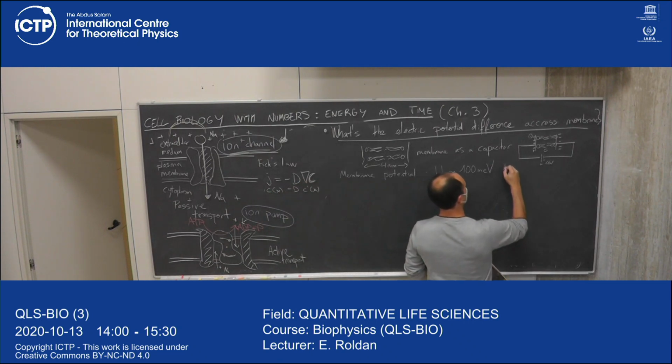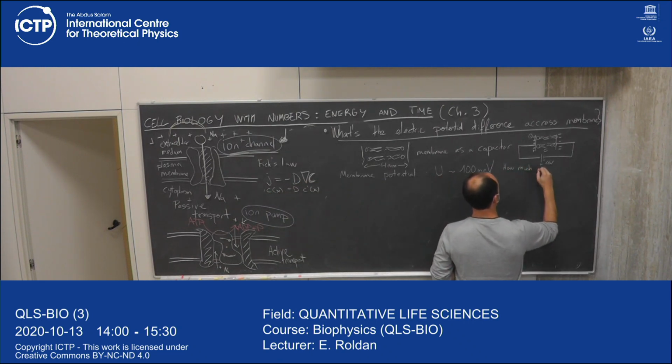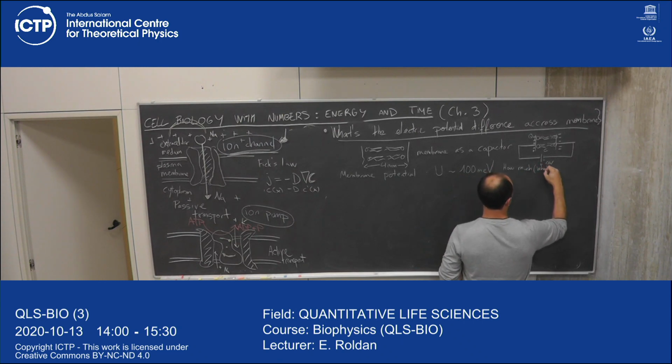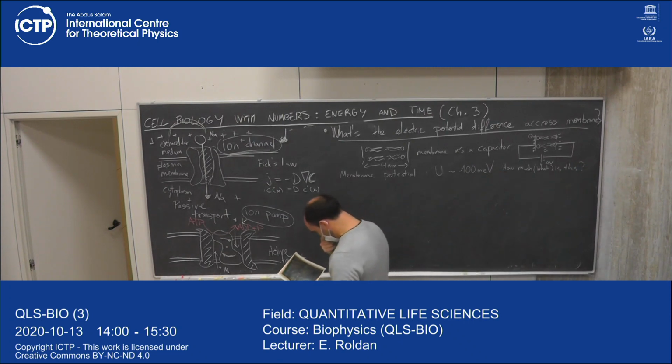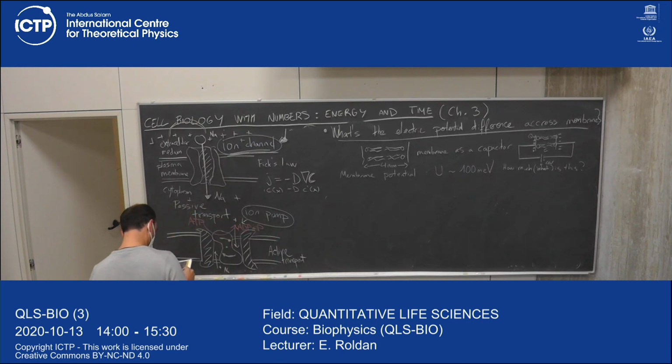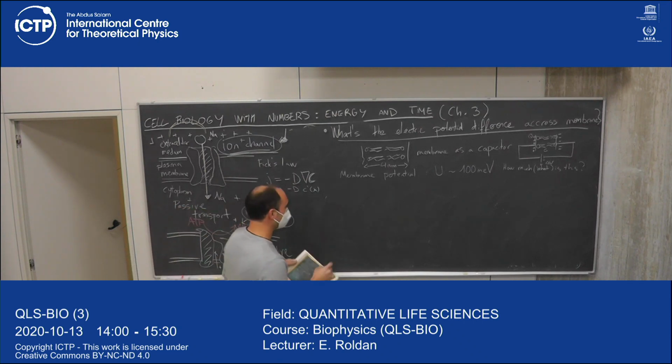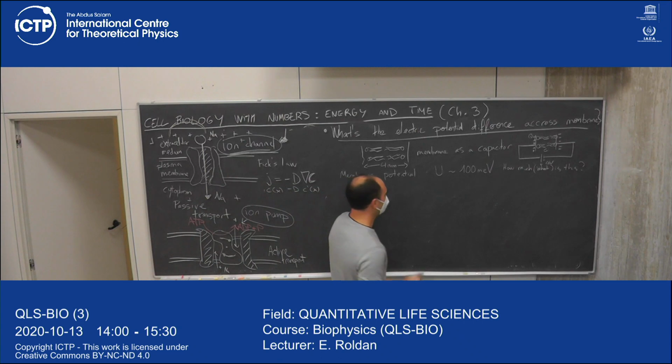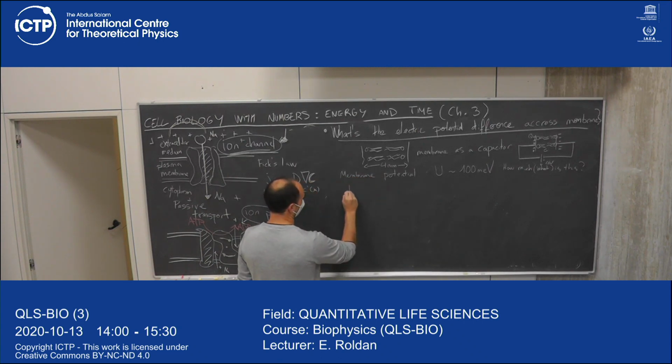So what is the electron volt? You have a charge, and let's say you put a potential, delta V, that is 1 volt here, this will be minus, this will be plus.